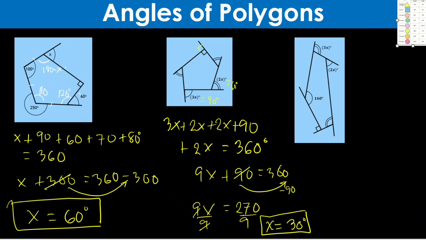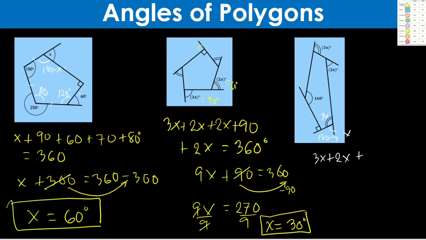We'll start from exterior. We'll use the exterior here. We have 3x plus this one, 2x plus, okay, exterior. What is this one? Since this is 3x here, this one means it's also 3x. So the exterior angle here is 180 minus 3x.